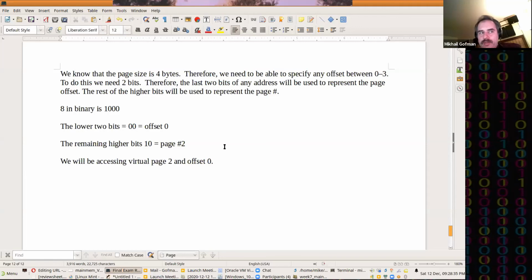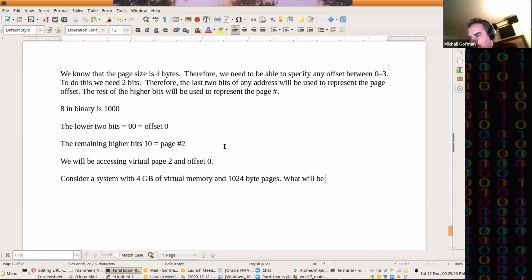We can try another similar problem. Let's say, for example, consider a system with 4 gigabytes of memory and 1024 byte pages.